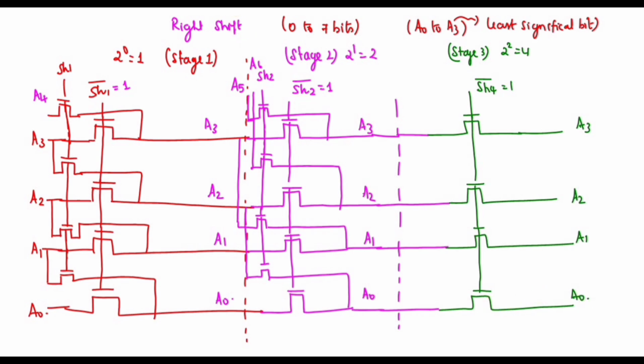Okay, so what happens when sh4 is equal to 1? So if sh4 is equal to 1, here I had 4 values, right?